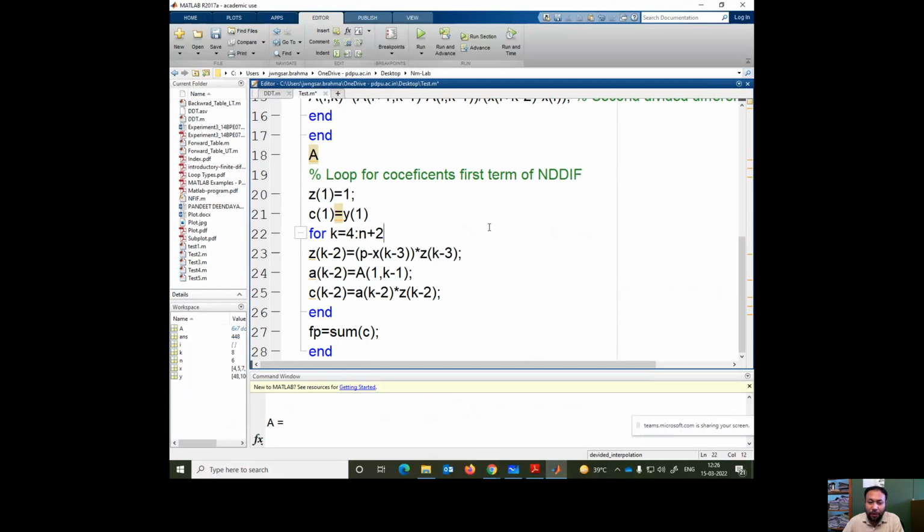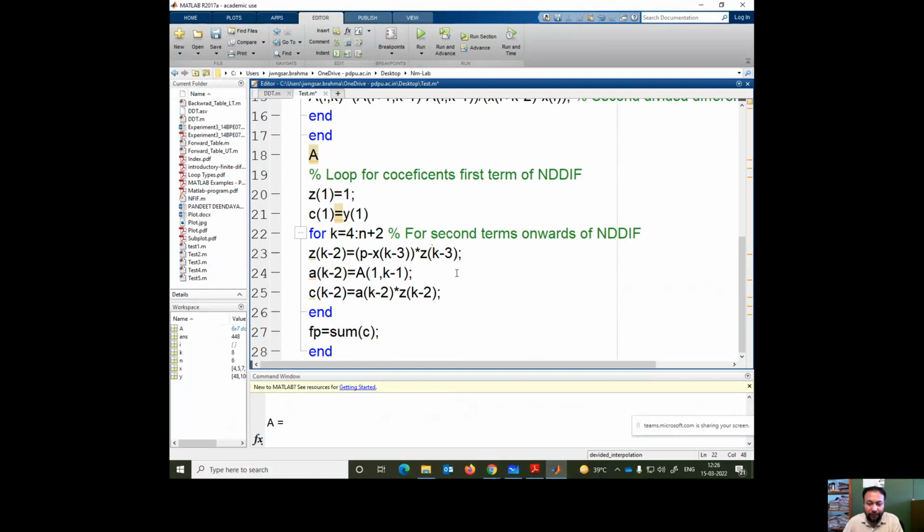Okay, and this for loop is for the second term onwards of Newton divided difference interpolation formula.